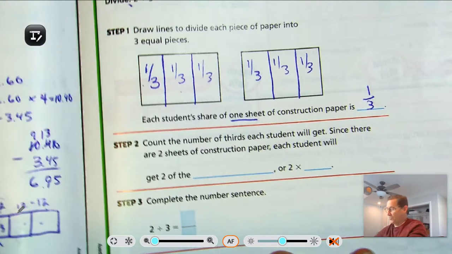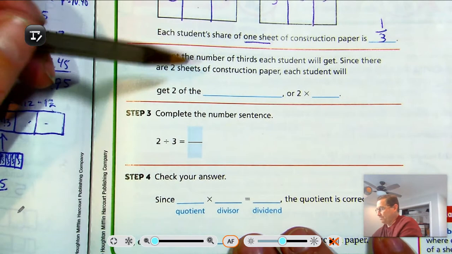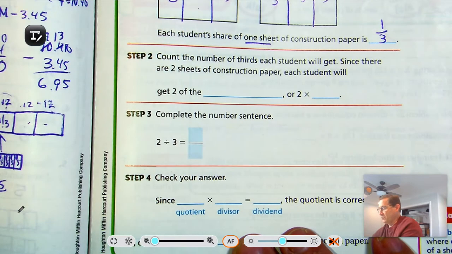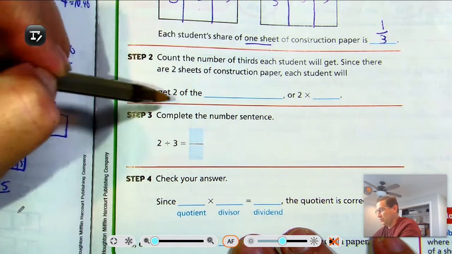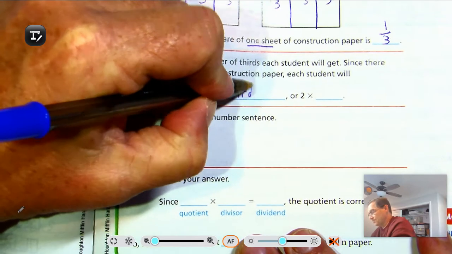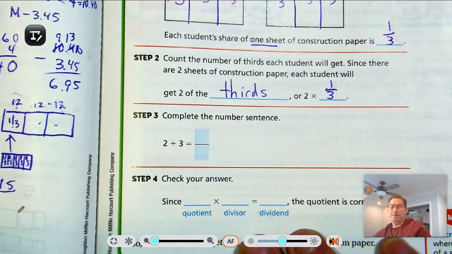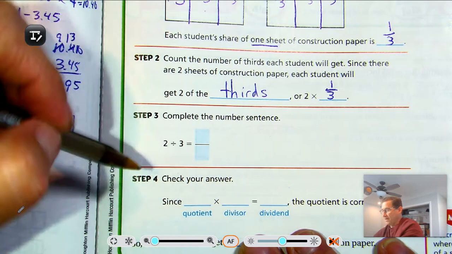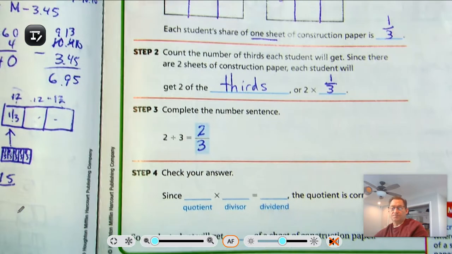Each student gets 1/3 of 1 sheet of paper. So count the number of thirds each student will get. Since there are 2 sheets of construction paper, each student will get 2 of the thirds, or 2 times 1/3. So 2 divided by 3 is 2/3.